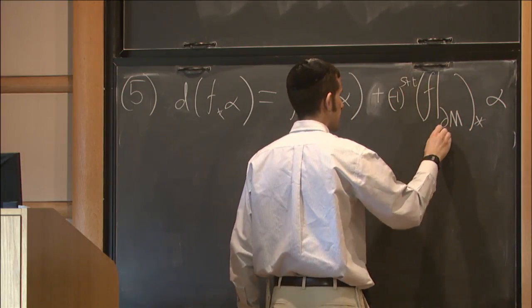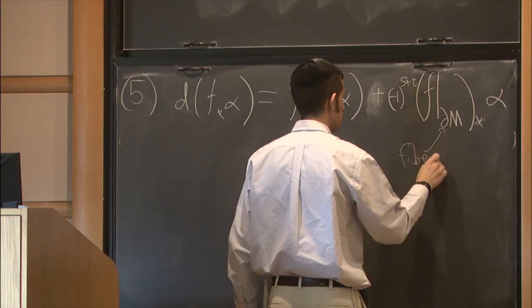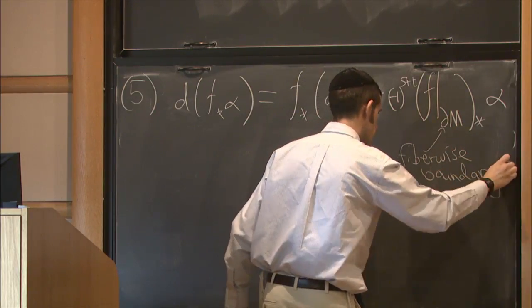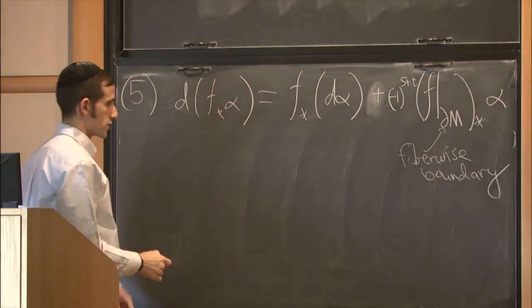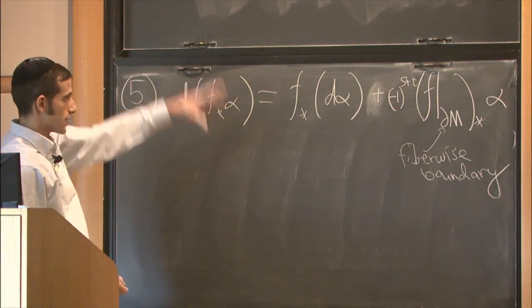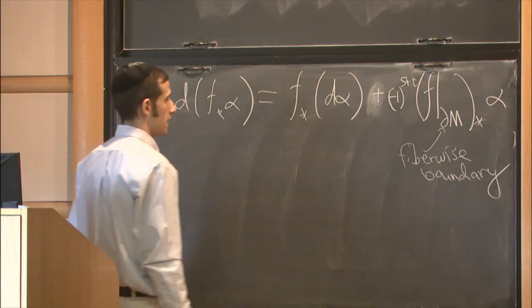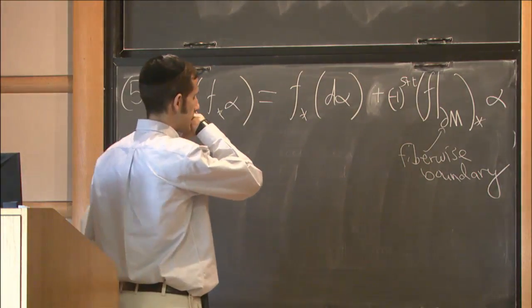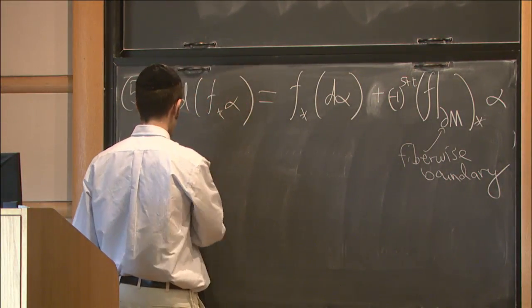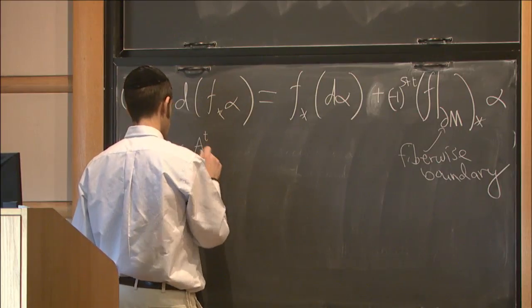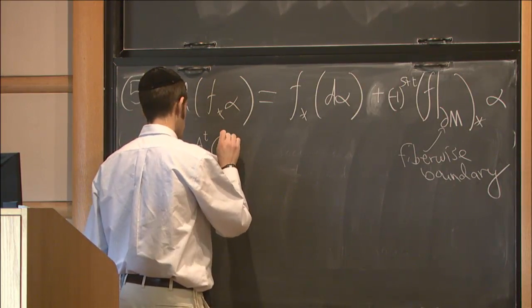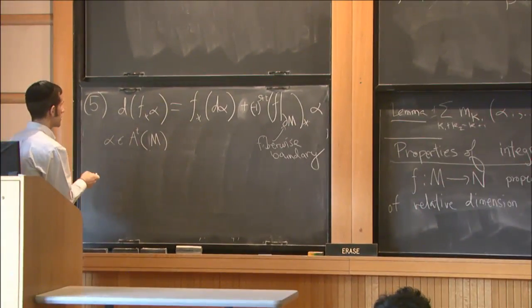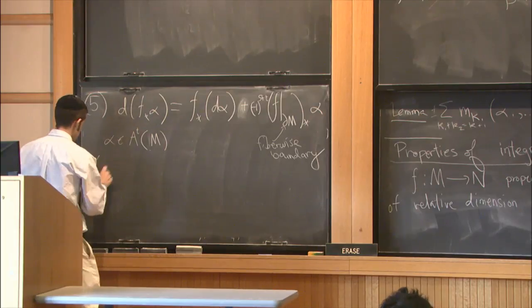So here this is the fiber-wise boundary, so you only look at the boundary which lives over the interior of N. M and N could both have boundary and corners and all this junk. And alpha here, for this sign to be uniform, has to be of degree t. So this is Stokes' theorem.